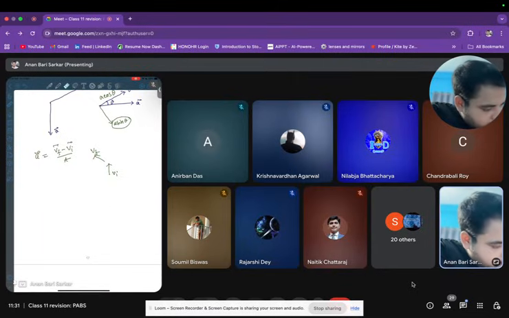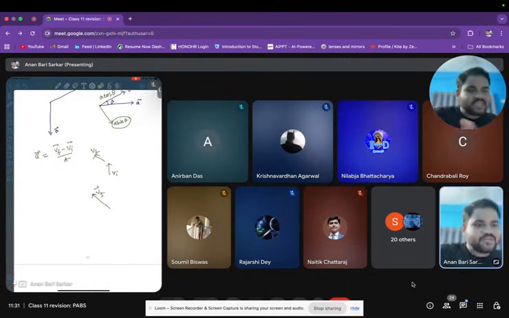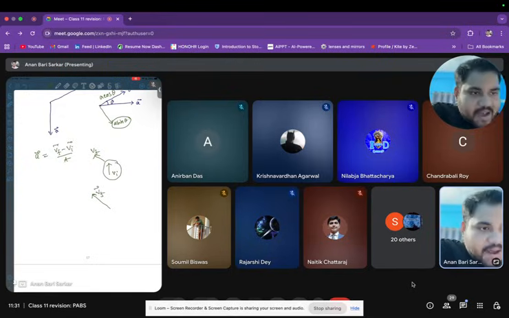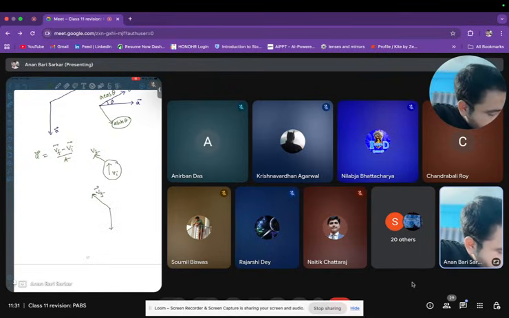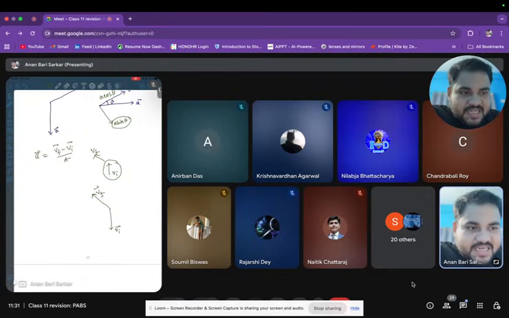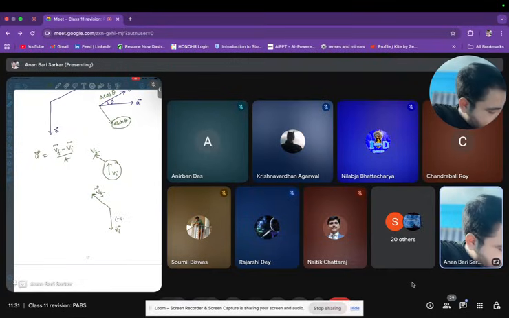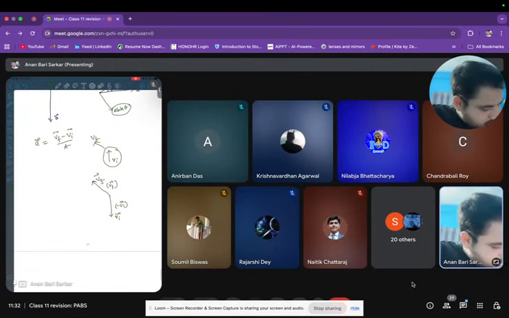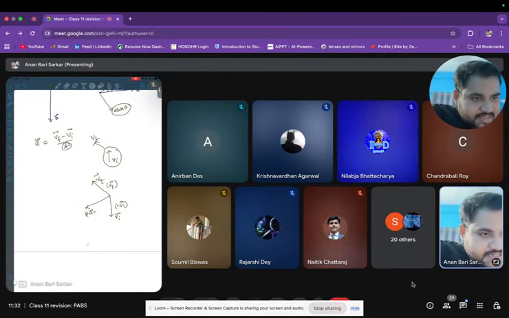So this is your vf, and minus vi is the reverse of vi. And vf minus vi as a vector is basically the resultant. So this is your minus vi, this is your vf, and this resultant is your acceleration. I am taking t as a scalar.